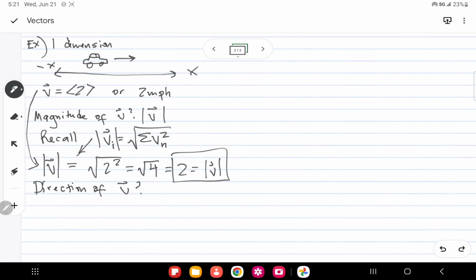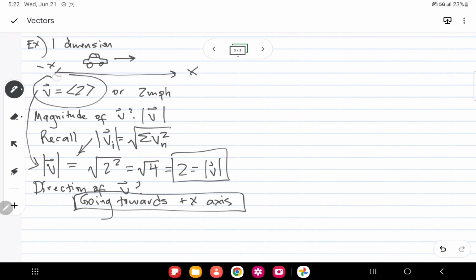Hence, it's going towards the positive x-axis. And that will be the direction of that vector. So, in other words, that car is going at 2 miles per hour towards the positive x-axis. So that is how we make sense of that vector that's represented by the velocity of that car. Okay?